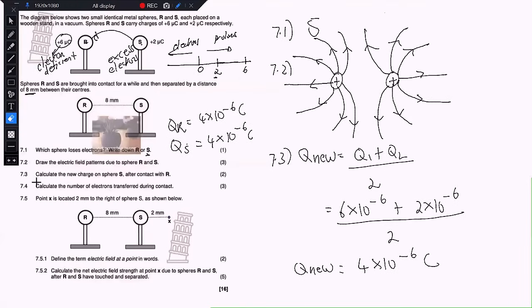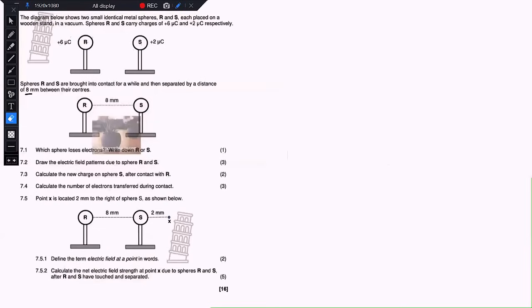Okay, now 7.4 says calculate the number of electrons transferred during contact. Now, always be careful about this question here. Remember, we did note that R now will be 4 times 10 to the exponent of negative 6 coulombs, and also this one, 4 times 10 to the exponent of negative 6 coulombs.